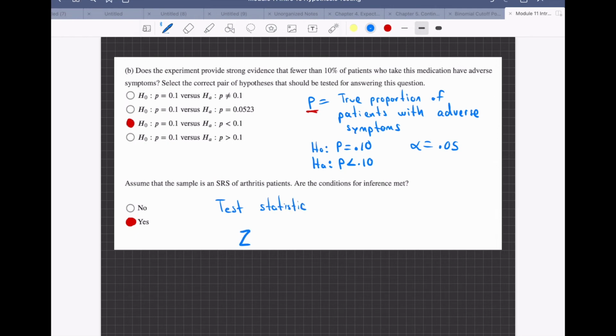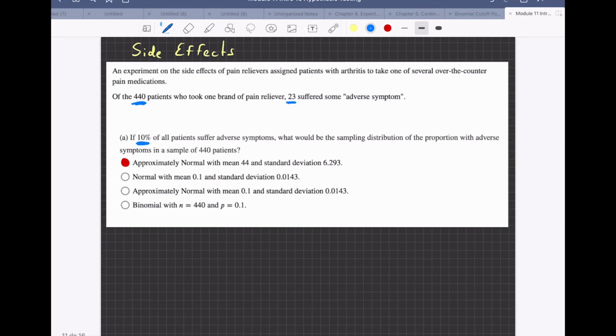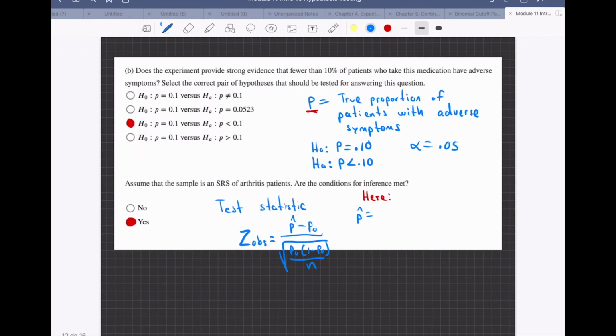Z observed is equal to P hat minus P null, divided by the square root of P null times 1 minus P null, divided by n. Here, what is each? P hat is from the sample, 23 out of 440.